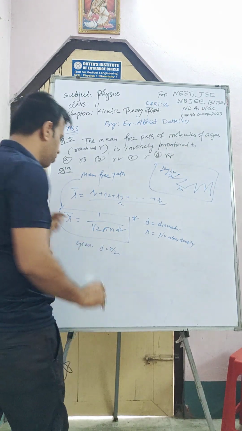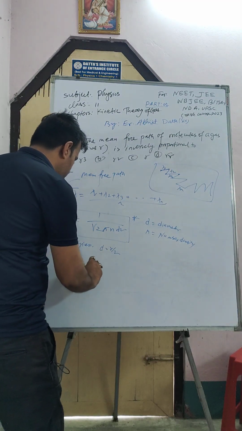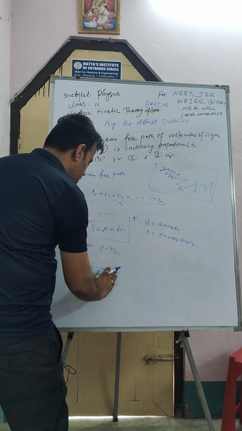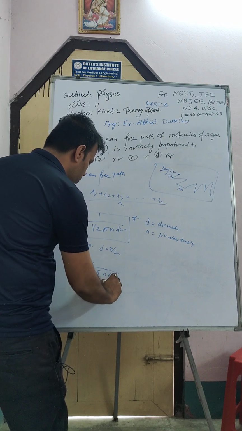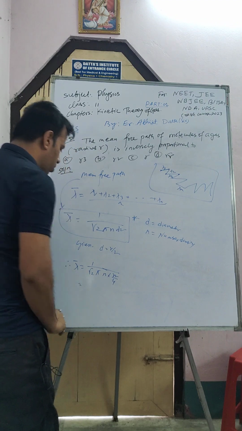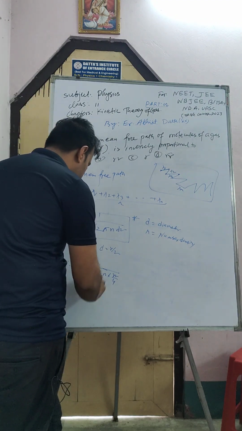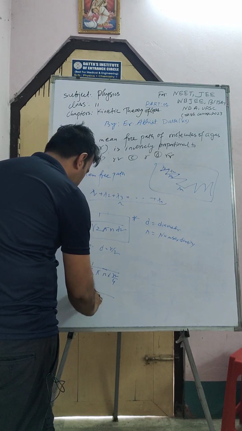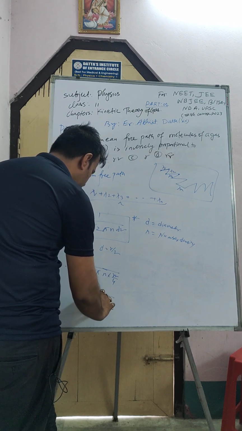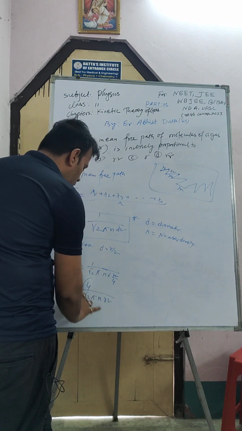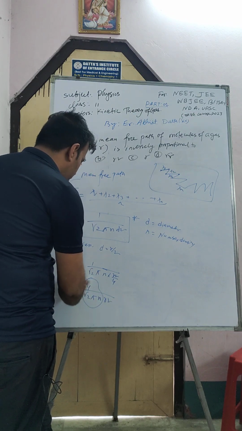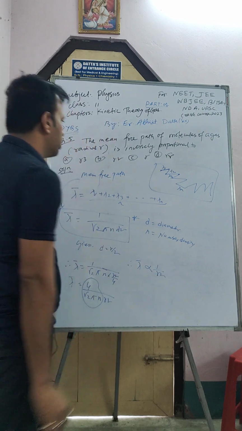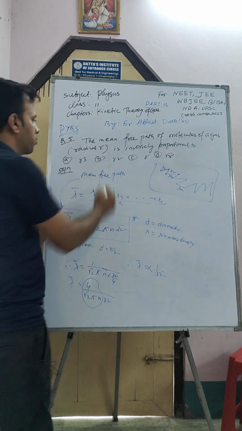So therefore lambda bar will be 1 by root 2 pi n then r square by 4. It will come as 4 by root 2 pi n r square. So all are constant, so lambda bar is proportional to r square. So inversely proportional to what? Inversely proportional to r square.